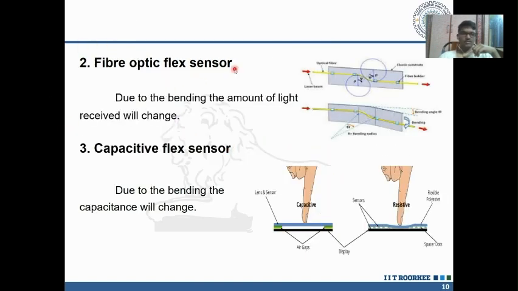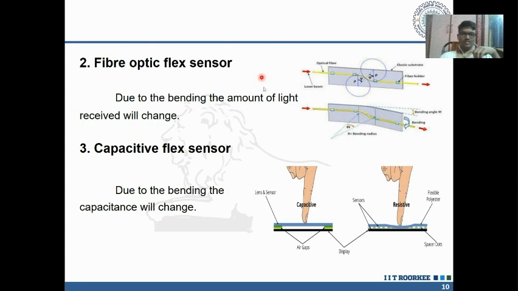The other type is the fiber optic flex sensor. This works on the principle that when there is bending, the amount of light that reaches the other end changes. When it is flat, the amount of light passing is maximum. Due to bending, it gradually decreases. So if we measure the intensity of light obtained at the detector on the other end, we can tell the angle it was bent.